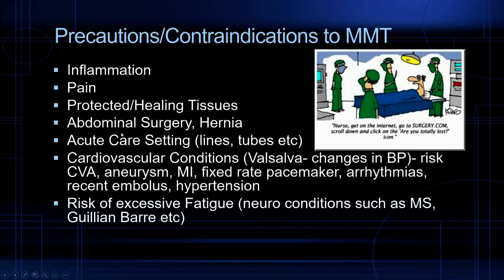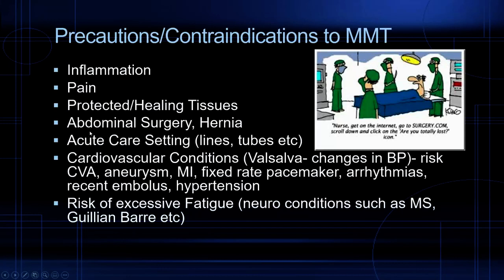If a patient has had abdominal surgery, you do need to use caution when you're testing any muscle, not just the abdominals, or if they have a hernia, because of what's called the Valsalva maneuver. If a patient holds their breath, that changes their blood pressure, and they're at risk of fainting.